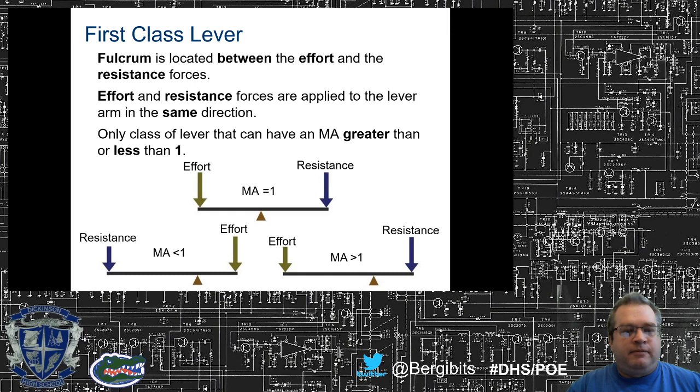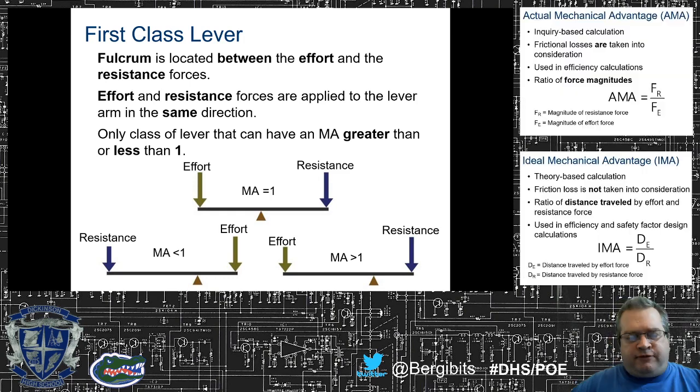Bottom left, we have shortened the. Let me bring up the. Hold on. Bring up our definitions. All right, so bottom left. The distance between our effort, that's the gold arrow, it's kind of gold, I guess. The distance between the effort and the fulcrum is short.